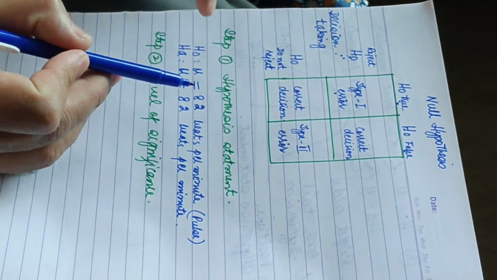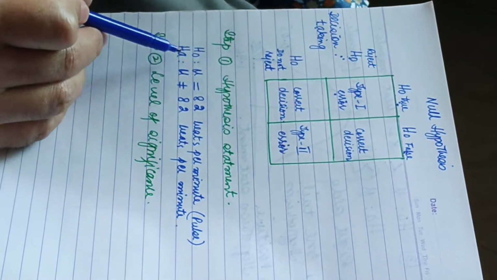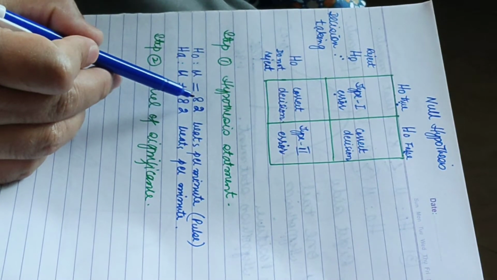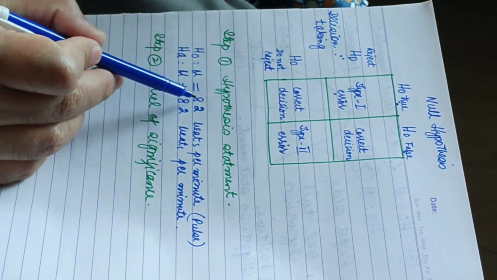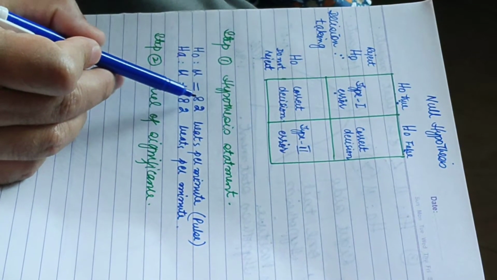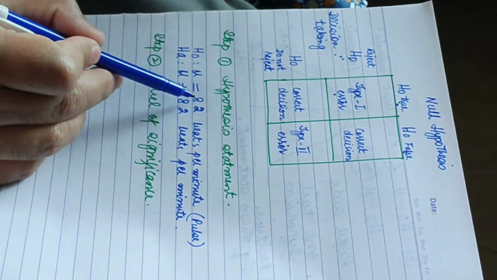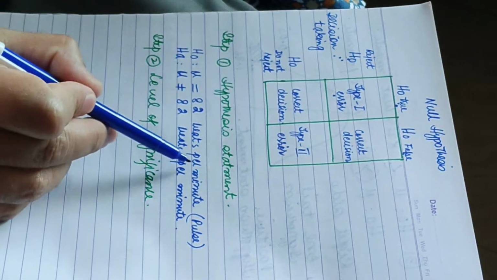Just take an example of the previous one, in which H naught, mu is the population parameter: the mean pulse rate of the population is 82 beats per minute.